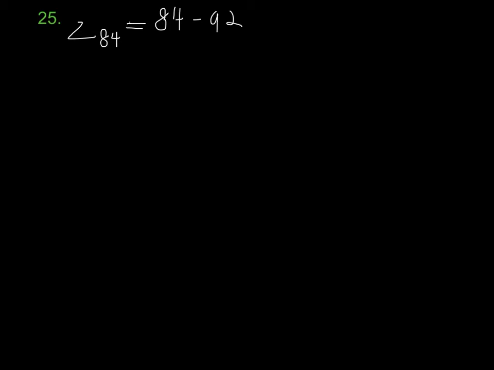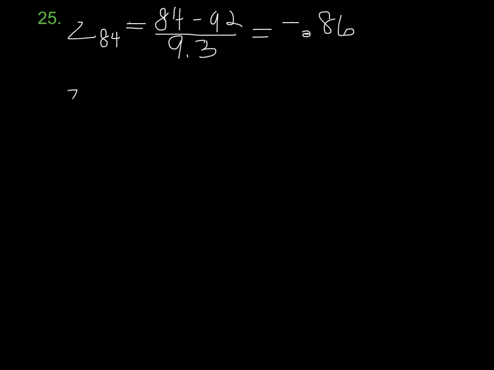And then we divide by the standard deviation. And they gave us the standard deviation, and they said that it was 9.3. All right, so then we work that out, and we should end up with negative 0.86.